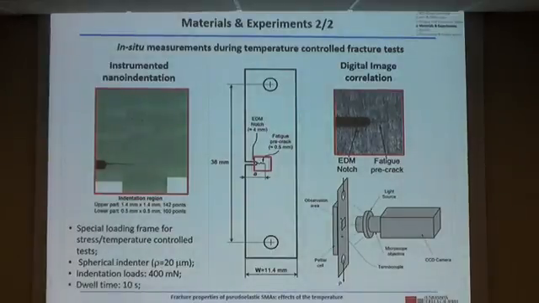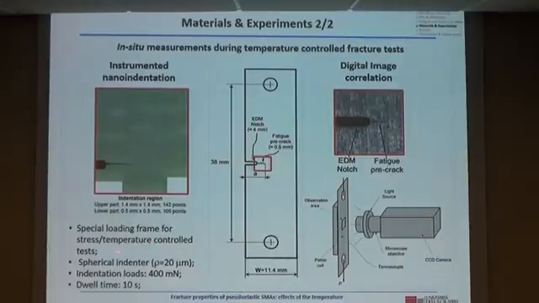So we analyzed this specimen, we did both nanoindentation and digital image correlation measurements. And regarding nanoindentation, this is a picture of the crack tip with a matrix of indentation points. We used a specially designed loading frame to carry out nanoindentation under stress and temperature control conditions.